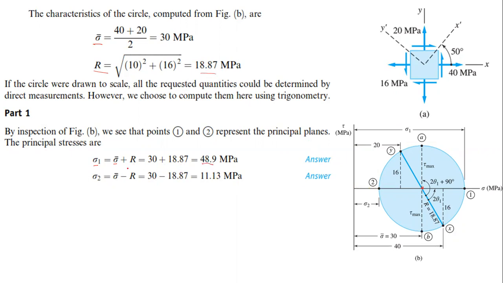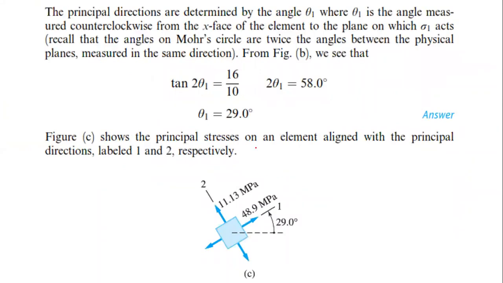So, dali ra kaayo. So, sigma bar plus R. So, ni ang sigma 1. Sigma 2 is sigma bar minus R. So, ni siya 11. Okay, dali ra kaayo basta makabalo na ta mag-draw sa Mohr circle.